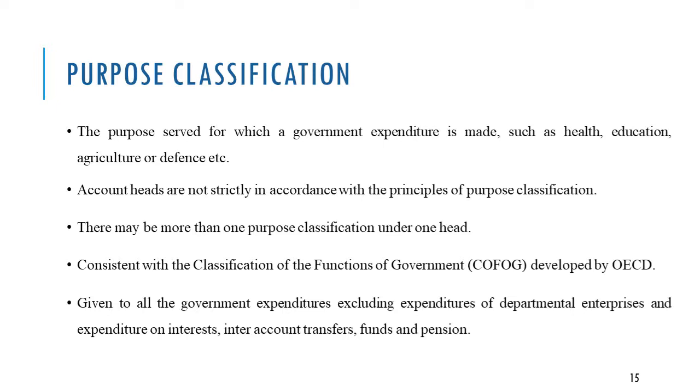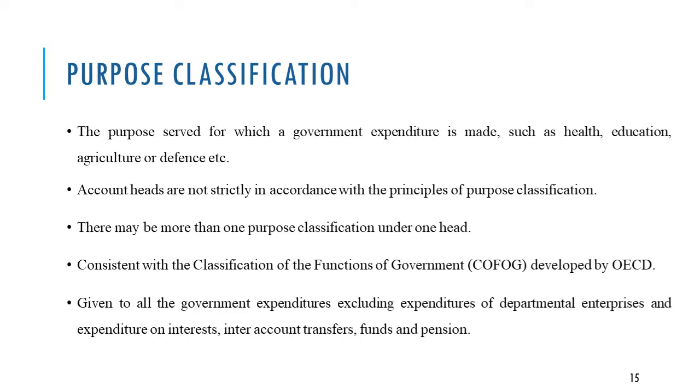The expenditures shown under accounting heads in budgets are not strictly in accordance with the principles of purpose classification. The expenditures under various heads are not confined to any purpose category. In other words, there may be more than one purpose classification under one head.